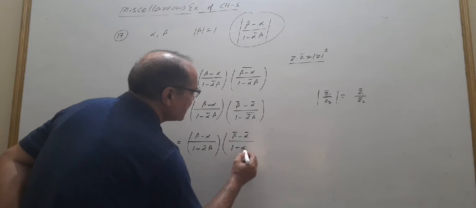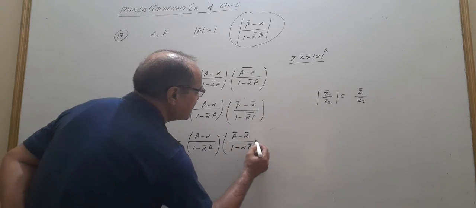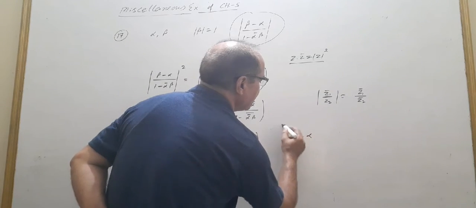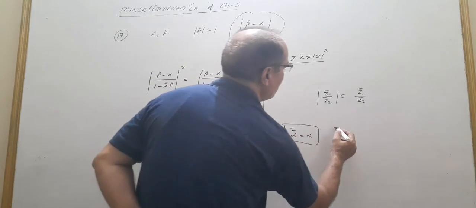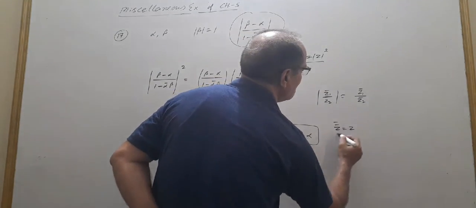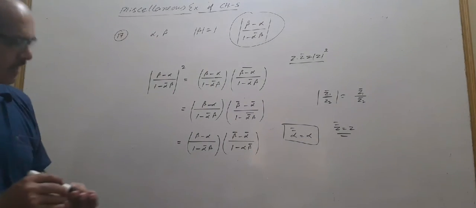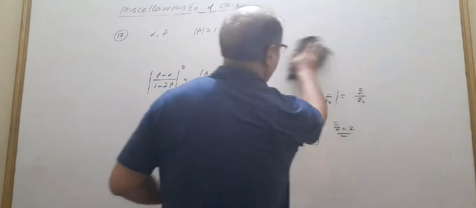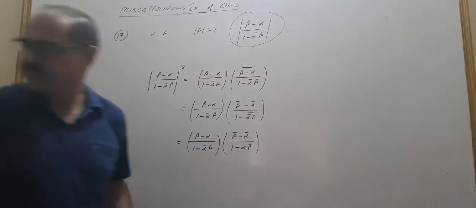This can be written as alpha bar, since the conjugate of a conjugate is again the same complex number. The property was z double bar is equal to z. Okay, so applying the property here. Now on simplifying this, I am writing here.